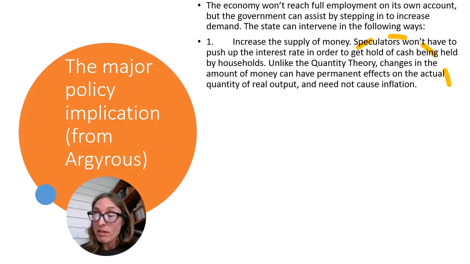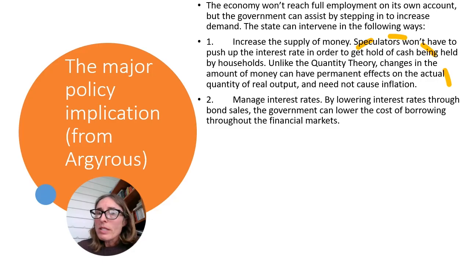Unlike the quantity theory, changes in the amount of money can actually have permanent effects on the actual quantity of real output. And they don't need to cause inflation if controlled for by other means through savings and government bonds and so forth. The neoclassical economists were wrong, Keynes claimed.